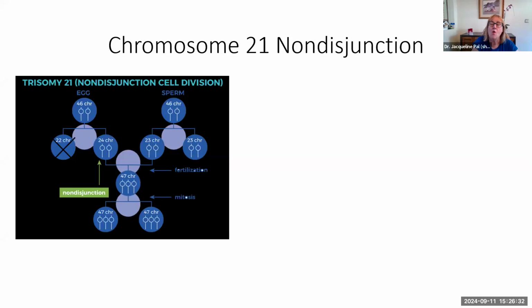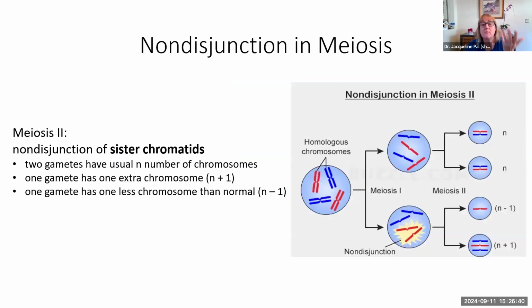Okay. So one of the most common non-disjunctions that is compatible with life gives us cells that have an extra chromosome. Because as I said, most of the time when we have lost a chromosome, that ends up being non-compatible with life.